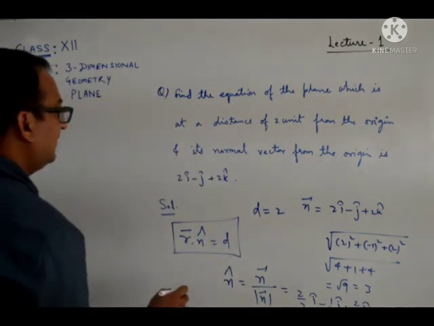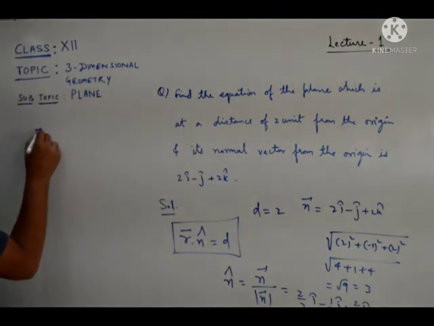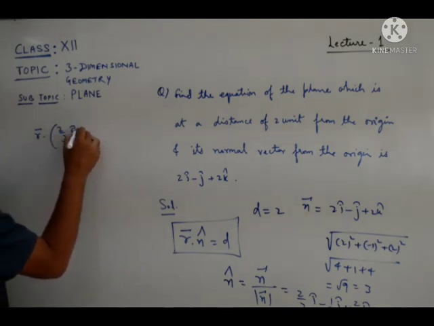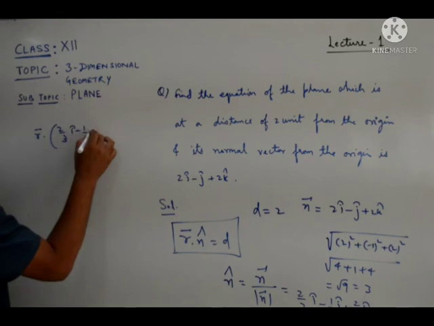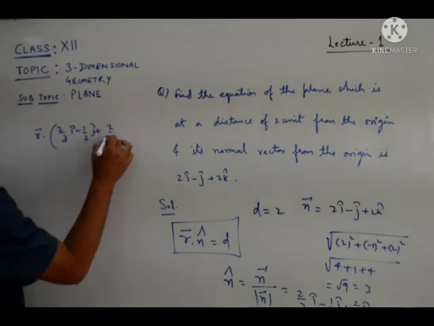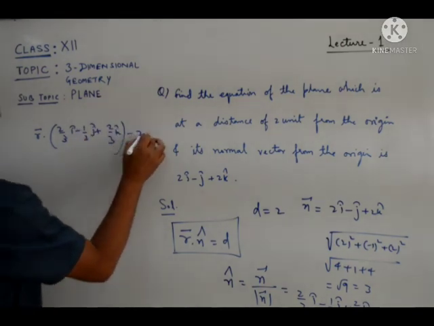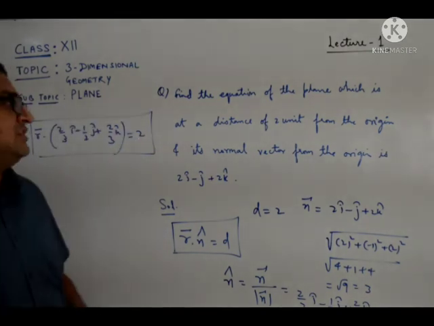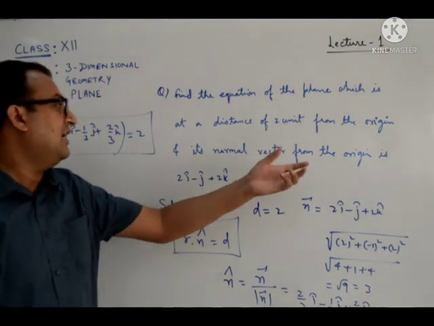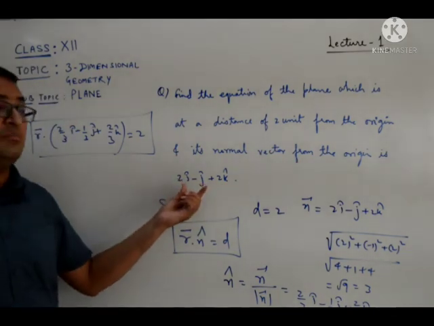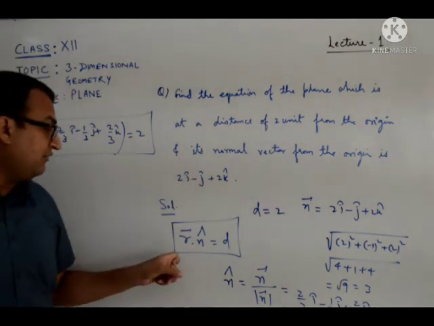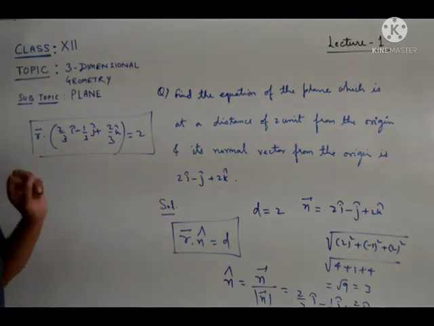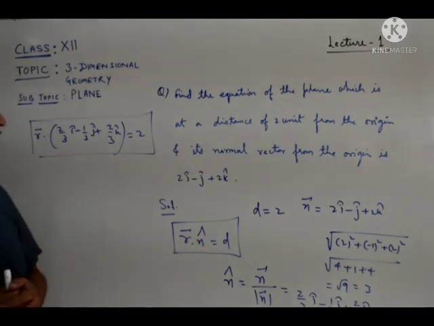So this is the normal unit vector. So the equation of the plane is r vector dot 2 by 3 i cap minus 1 by 3 j cap plus 2 by 3 k cap is equal to 2. This is the vector equation of the plane which is at a distance of 2 units from the origin, and this was the normal vector. But if you want to use the normal form of the equation of a plane, we have to convert it into the normal unit vector.